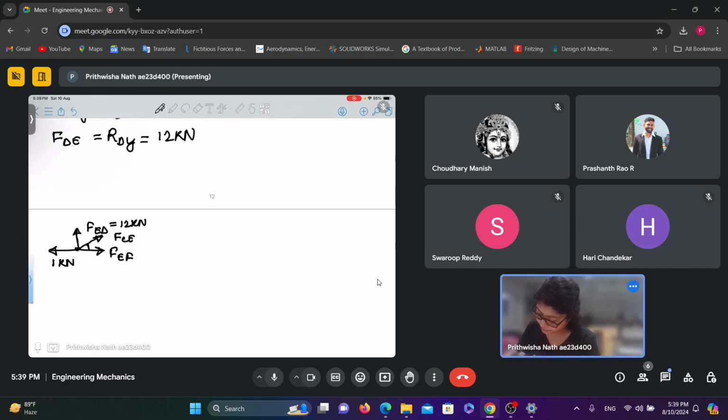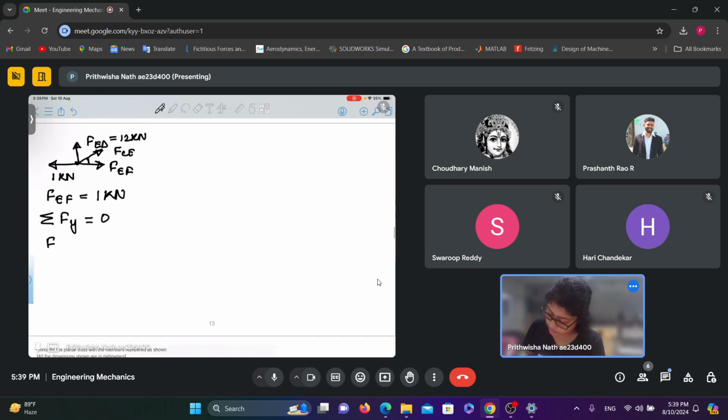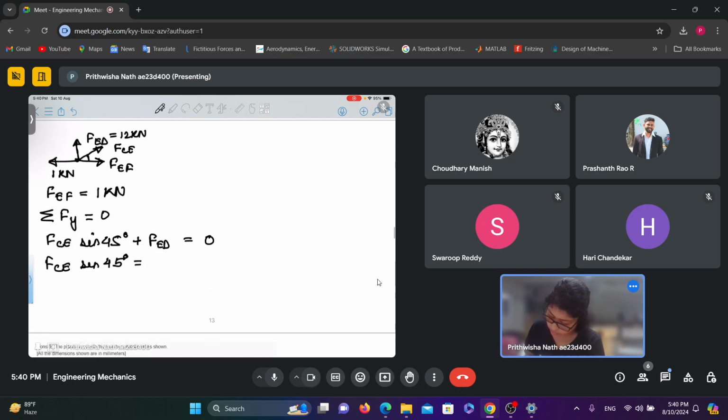So FEF is equal to 1 kilonewton, and by considering forces in y direction to be 0, FCE sine 45 plus FED equals 0. FCE sine 45 minus FED.